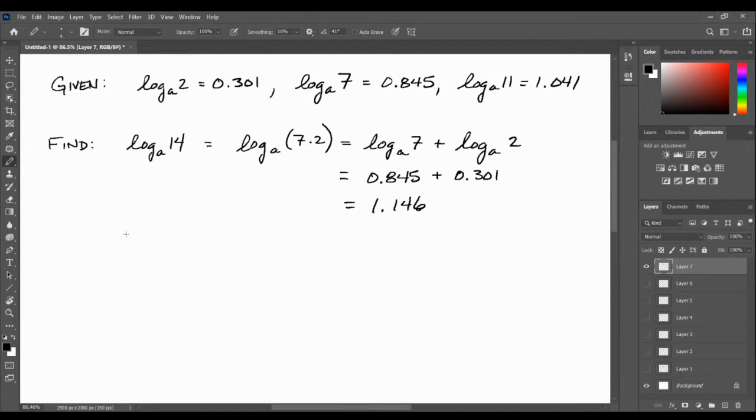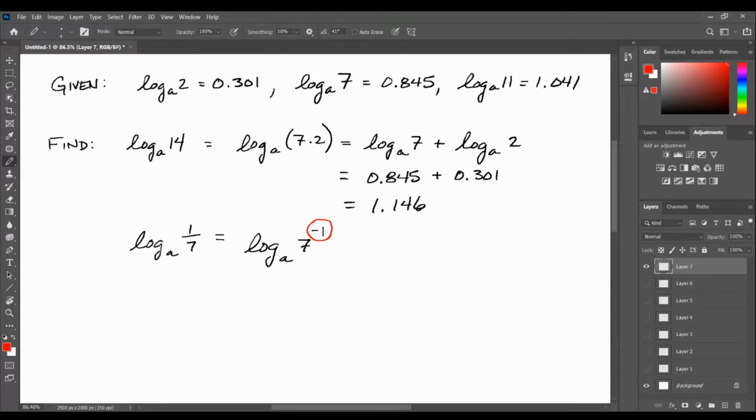Let's try another one. How about log base A of 1/7? That's the same as log base A of 7 to the negative 1, right? With our exponent rules, I could use the power rule now.